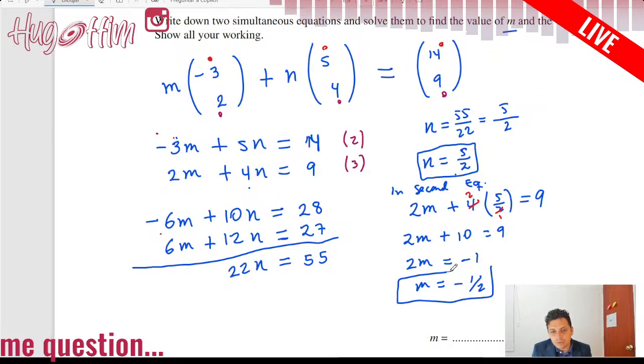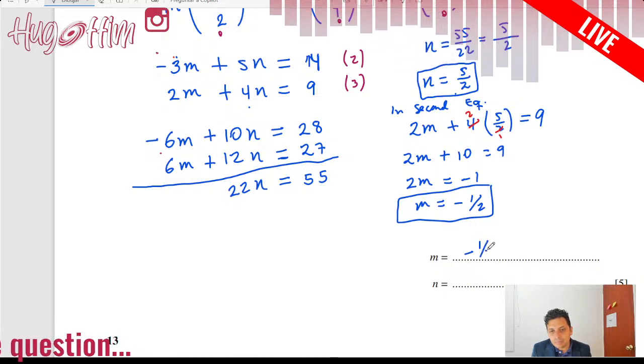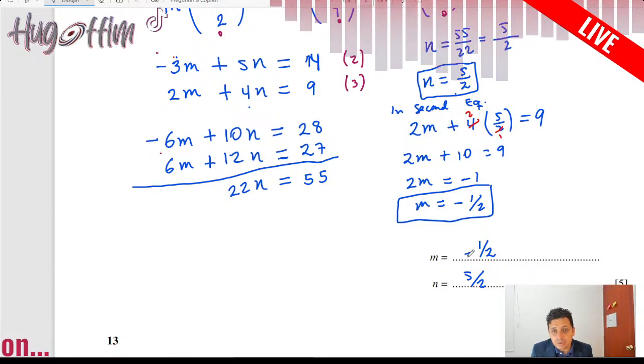So I have my two answers. m is negative 1 half, and n is going to be 5 halves. And this is how you get the answer of the system of equations.